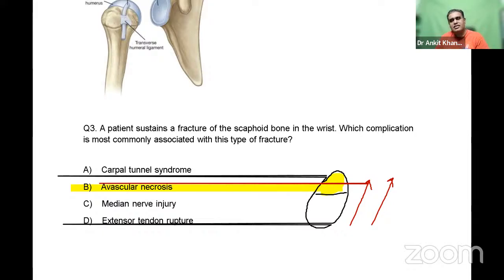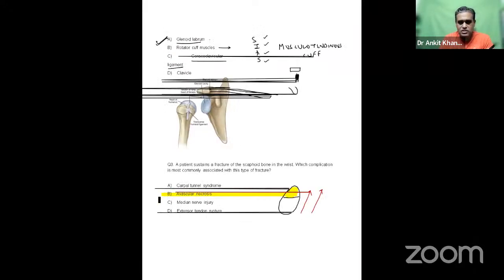Extensor tendons run on the dorsal aspect and are not commonly involved. So the answer over here will be avascular necrosis.